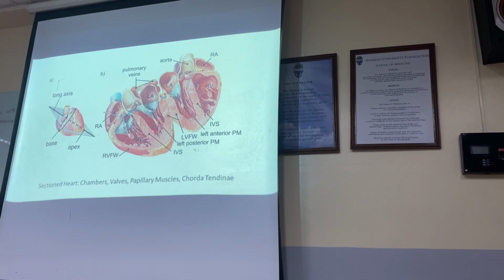Then the chorda tendineae, which are attached to the leaflets of the valve. Therefore, if you are in the left ventricle, you have papillary muscle and chorda tendineae. The chorda tendineae are anchored to the leaflets of the left AV valve, which is the mitral. If you are on the right, thinner, then it is the tricuspid.